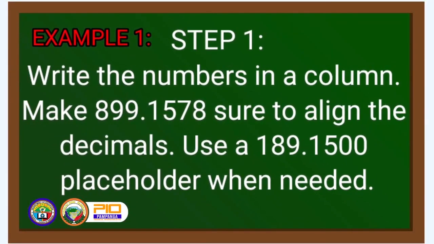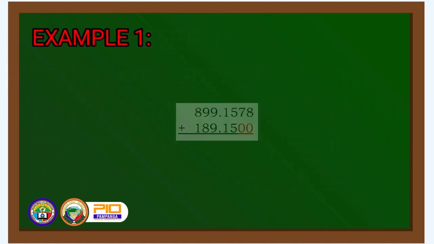For step 1, write the numbers in column. Make 899 and 1,578 ten thousandths sure to align the decimals. Use placeholder when needed.